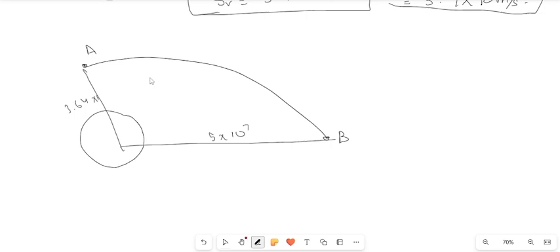At point B, the spacecraft is a distance of 5 into 10 raised to the power 7 from the center of the planet. The spacecraft velocity at point B is 4.1 into 10 raised to the power 3. The mass of the spacecraft is 650 kg. For the spacecraft moving from point B to point A.